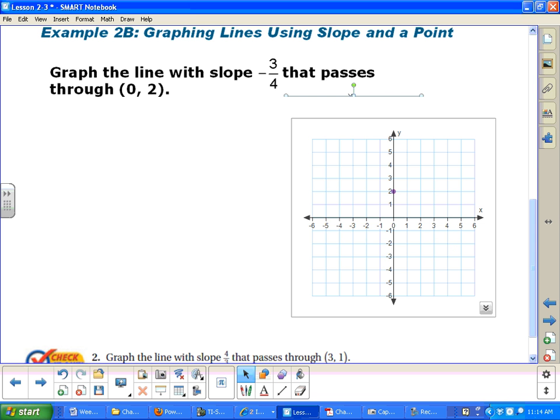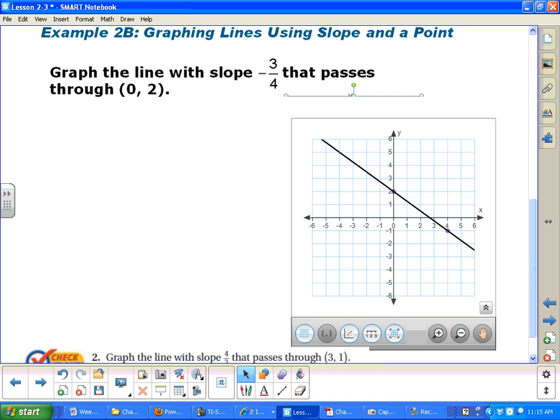And the slope -3/4, the negative always goes with the numerator. It does not go with the denominator, just goes with the numerator. So that means I'm going to go down 3 and over 4. So down to -1 on the y-axis, over to 4 on the x, and so then I'll draw my line and add my arrows.